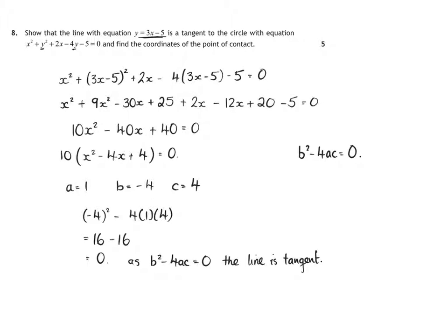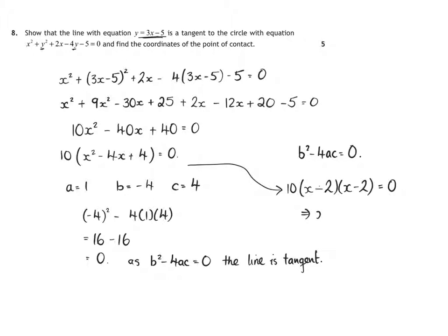Okay, and the points where this is going to meet, so we can go back up to our function up here, to our 10x squared minus 4x plus 4. So when we get this, we can factorize the second bit. So I'm going to do this over here. So we're going to get x minus 2, x minus 2 equals 0.